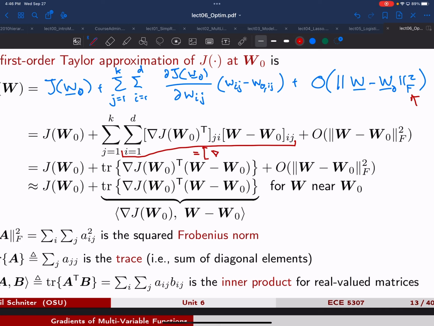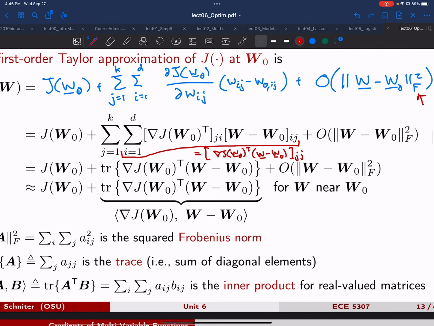The first matrix is the gradient matrix evaluated at omega naught, transposed. The second one is this difference in matrices, W minus W naught. And I am extracting now the jth row and the jth column of that. That could have been on quiz 0, that problem. It's exactly the same stuff you were looking at back then.